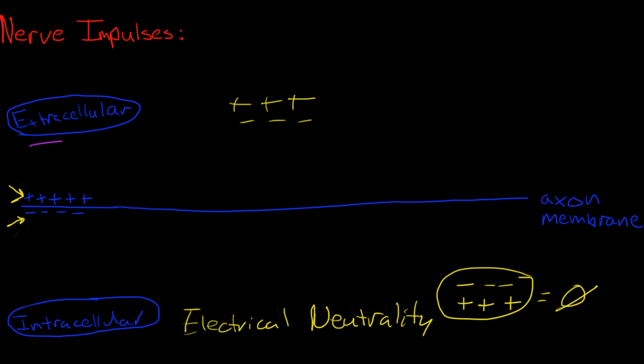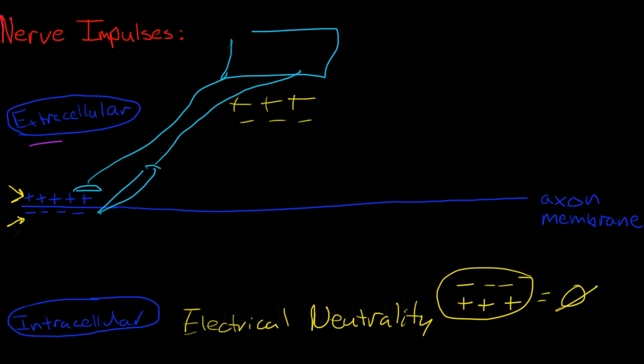Okay, and interestingly enough, this has been measured. If they get a really tiny electrode and measure it through a meter, we know that the difference of membrane potential is approximately negative 90 millivolts from the outside to the inside of the cell membrane.